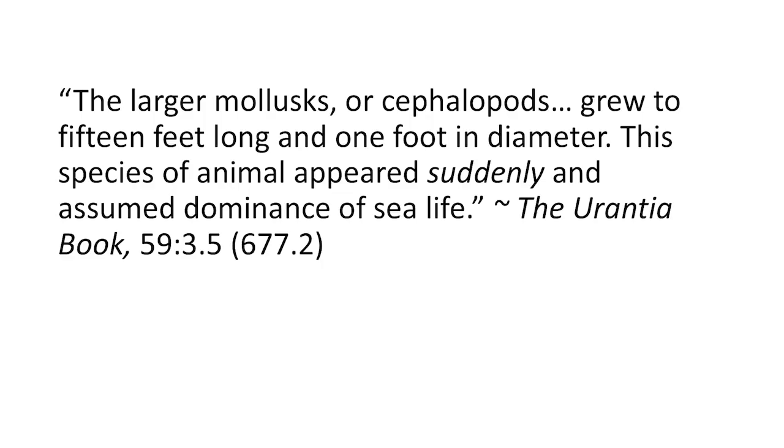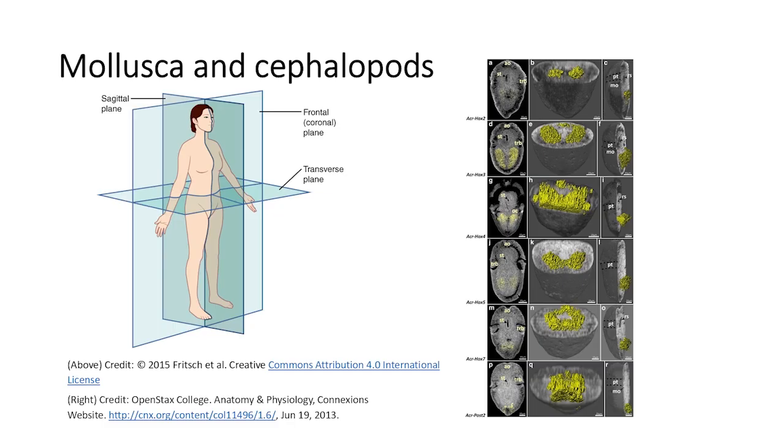The Urantia Book states the larger mollusks or cephalopods grew to 15 feet long and 1 foot in diameter. This species of animal appeared suddenly and assumed dominance of sea life. "Following the disappearance of the trilobites, the oceans were rapidly taken over by the larger mollusks and cephalopods.